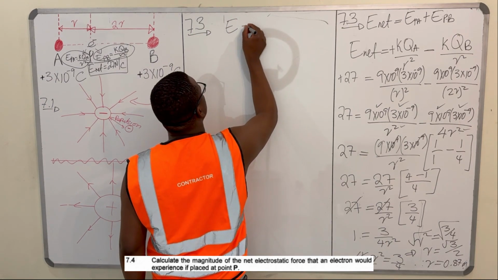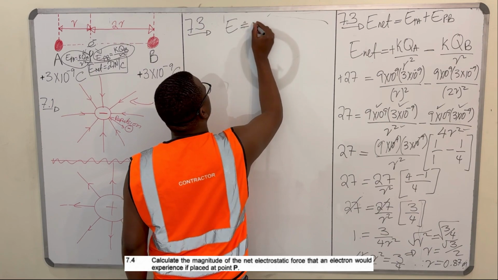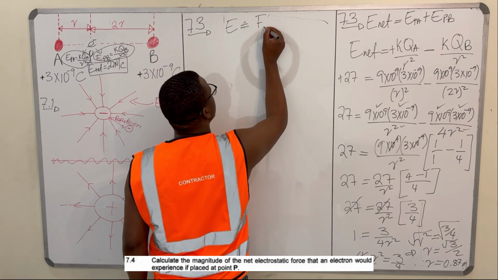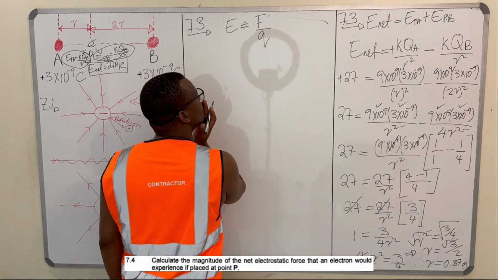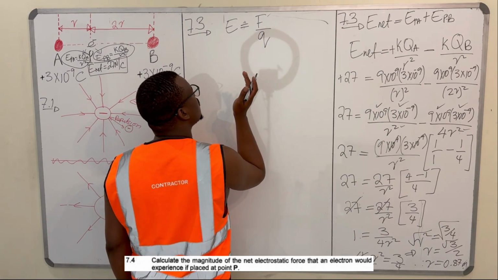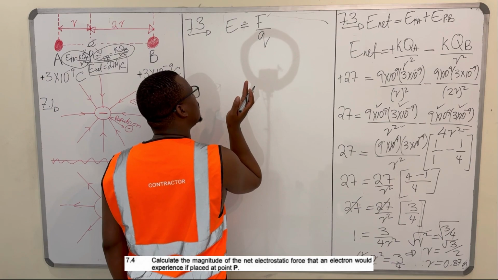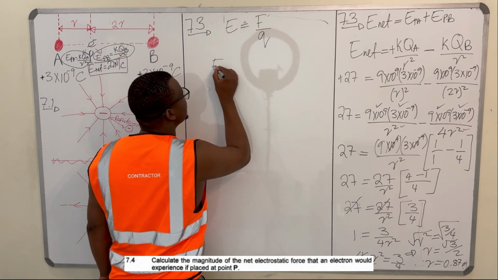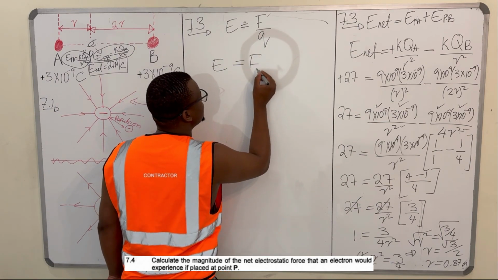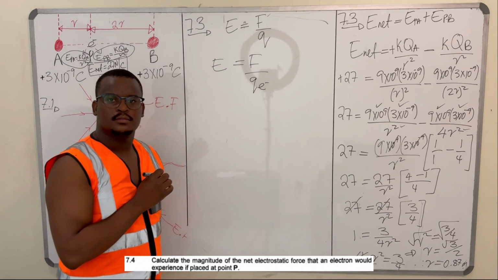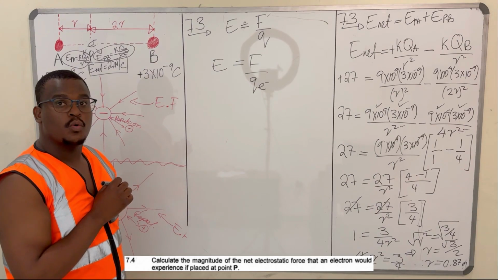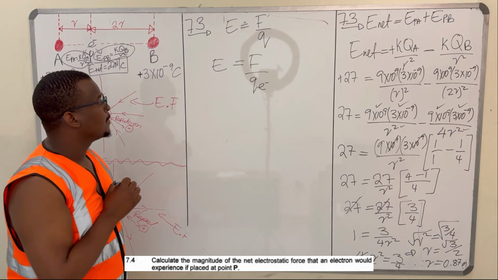So you know that electric field is equal to the electrostatic force experienced by a unit charge. But in this case, we want to find the electrostatic force experienced by the charge of an electron. This is what we want to discover.